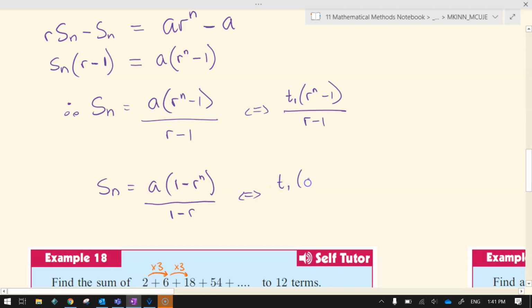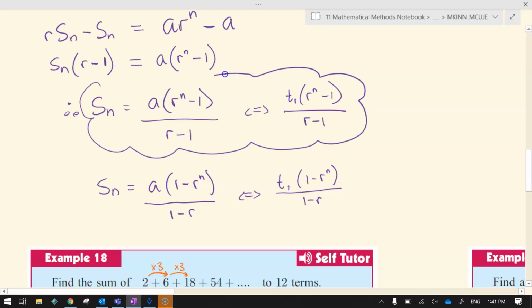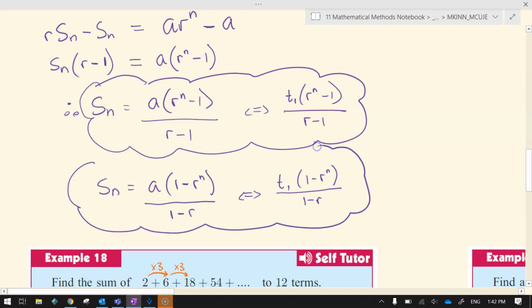And again, if we use our T1 notation from the QCAA course, T1 times 1 minus r to the power of n divided by 1 minus r. We've got the same expression. Why do you think it might be useful to sometimes use the top expression and sometimes use the bottom expression?